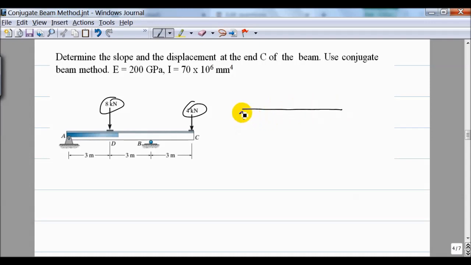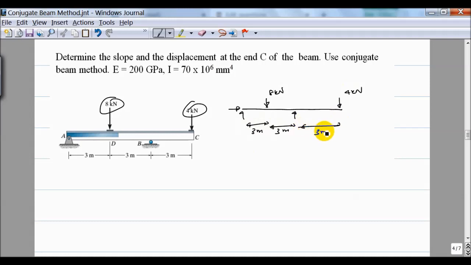And here I have two reactions because it's a pin, and I have one reaction because it's a roller, and there is a load that is 8 kilonewton, and there's another load of 4 kilonewton. Now this distance is 3 meters, this is 3 meters, and this one is 3 meters.